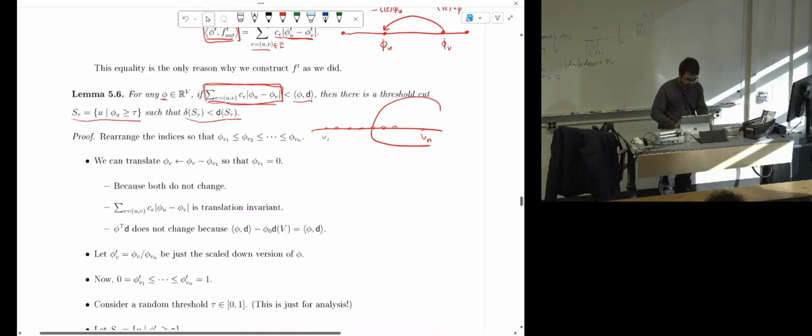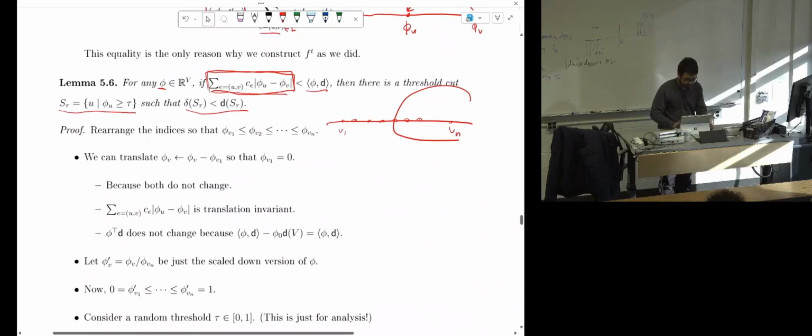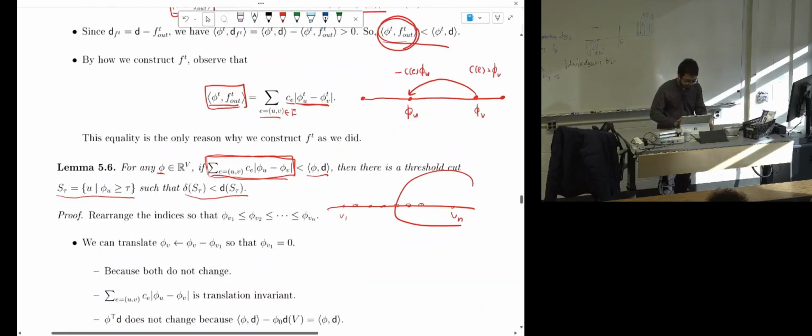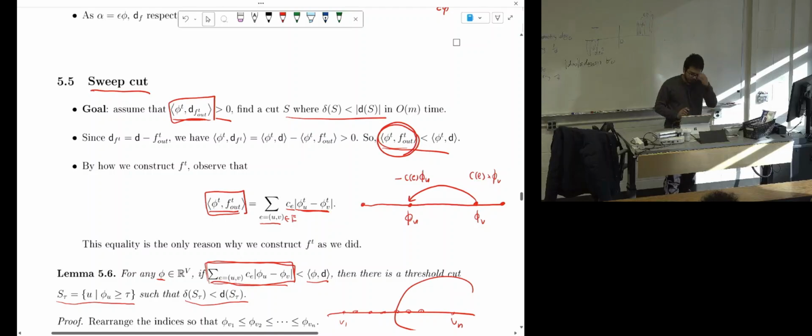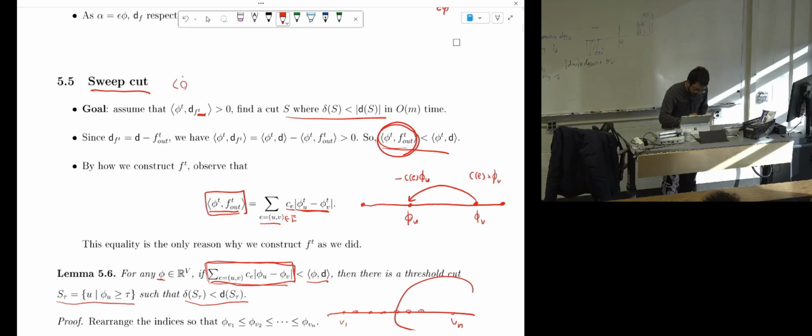Okay, so we get to the case when the inner product between the potential and the excess vector is more than 0, and we want to find a violating cut.